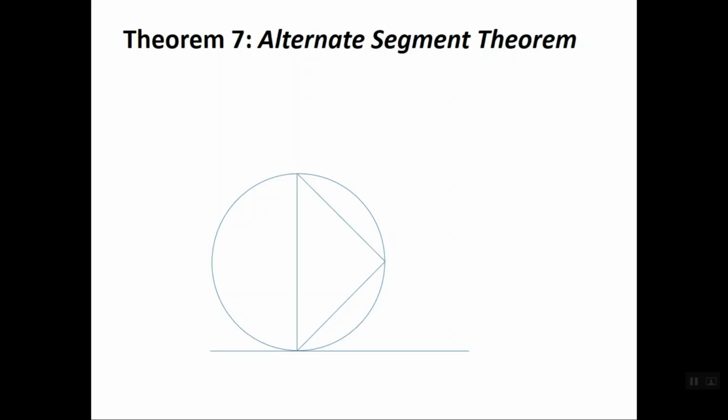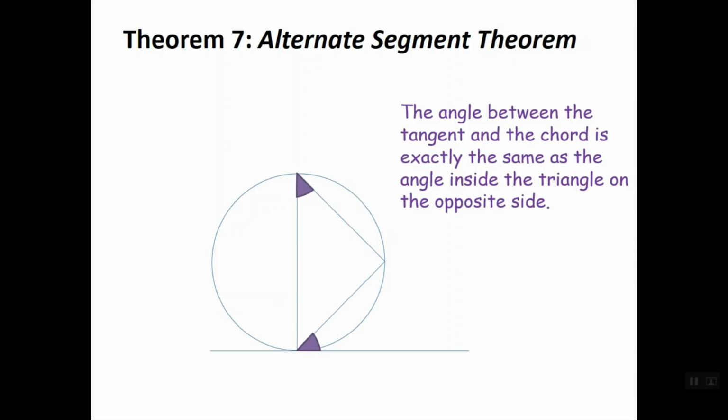Now let's look at our final theorem for this video, the alternate segment theorem. Here I have a chord, and here I drew a tangent. If I complete a triangle inside my circle, the angle between the chord and the tangent is equal to the angle on the opposite side of the triangle inside my circle.